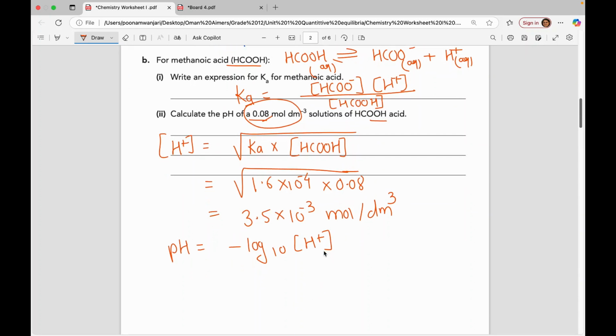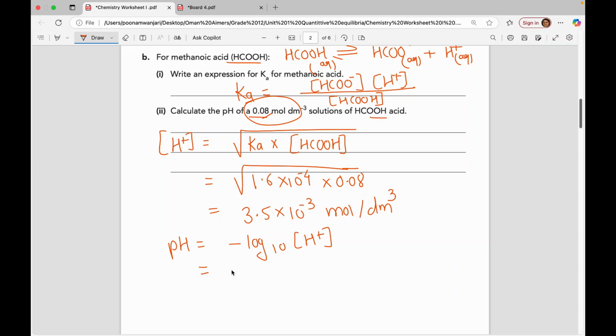You already calculated that, it is 3.5 into 10 to the power minus 3. Just use your calculators, students: pH is equal to 2.44.